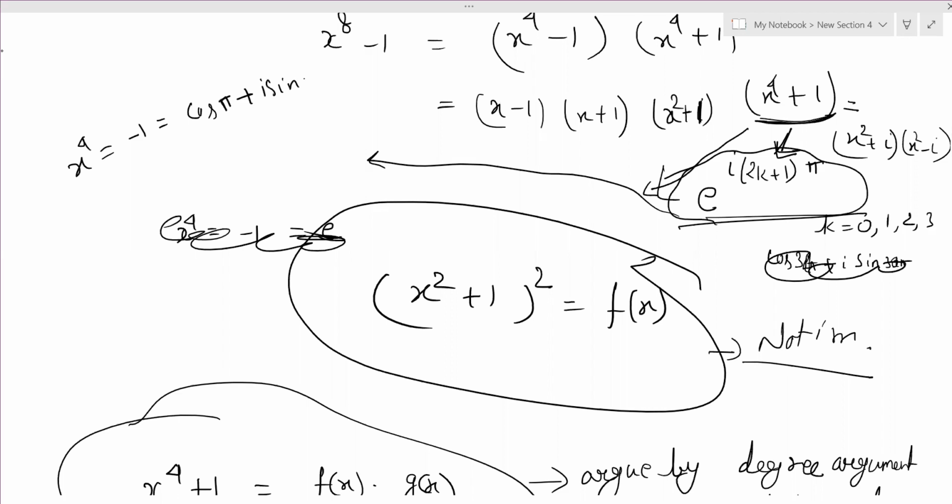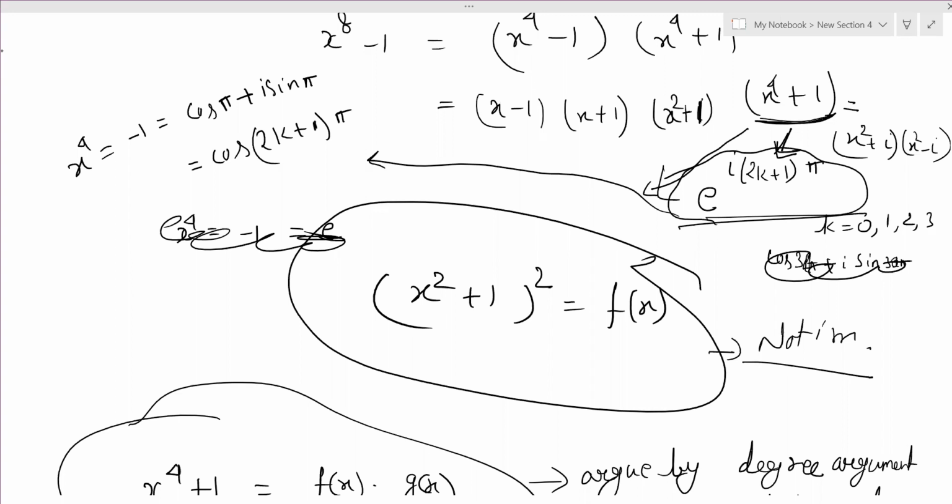Which is the same as cos (2k plus 1) pi plus i sin (2k plus 1) pi, to get the general value. Yes, that is correct.